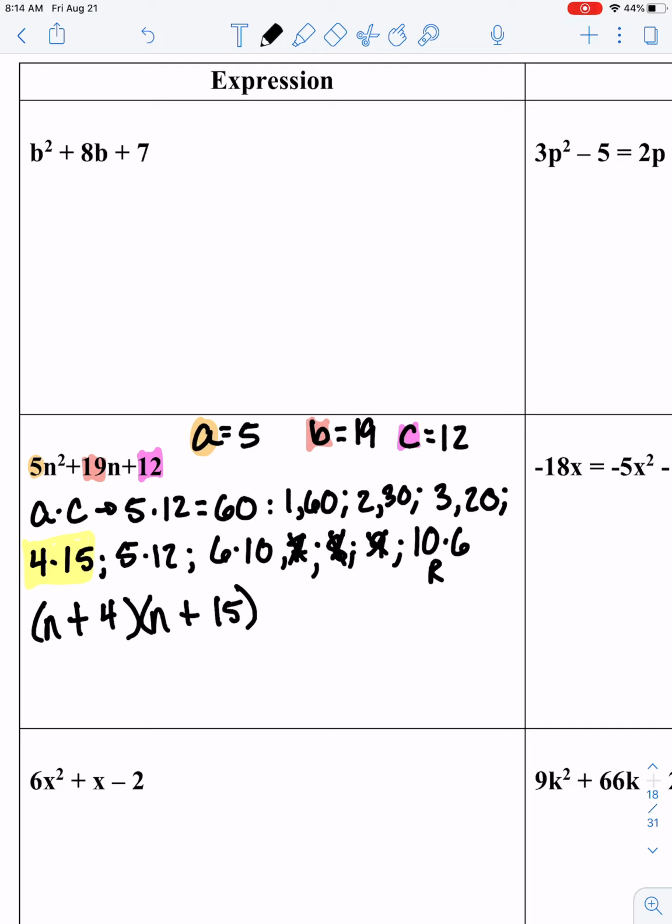Now here comes where your divide is. You're going to divide the constant of each factor by the original A value and simplify it. So 4 divided by 5 is 0.8. It's not a pretty number, so leave it alone. N plus 4 over 5. 15 divided by 5 is 3.